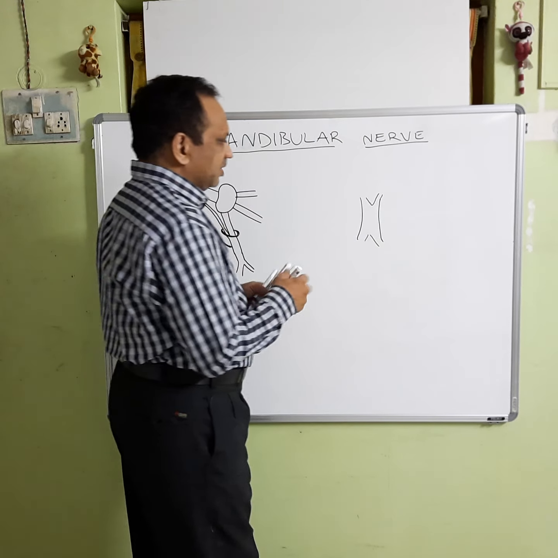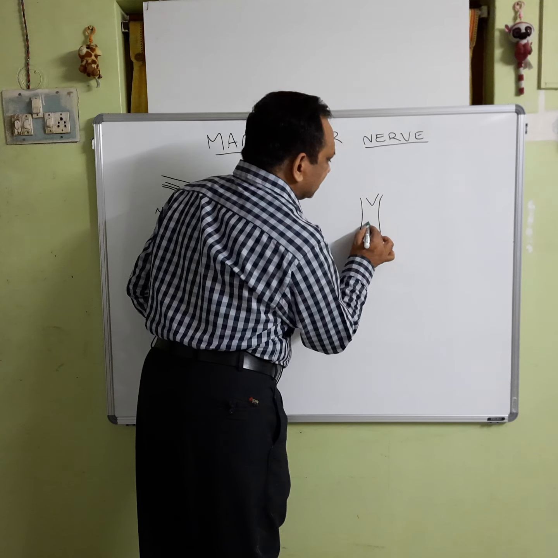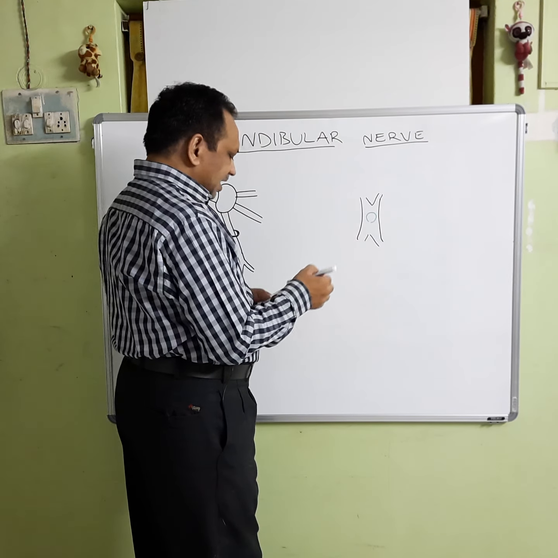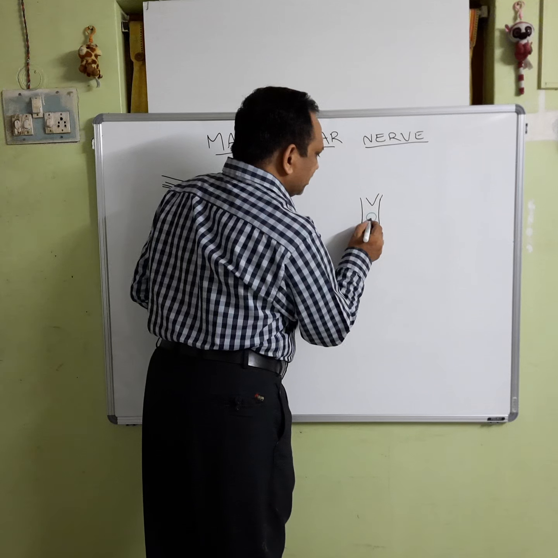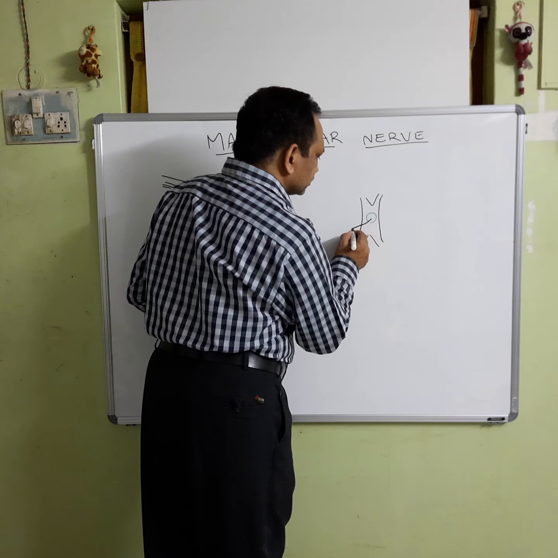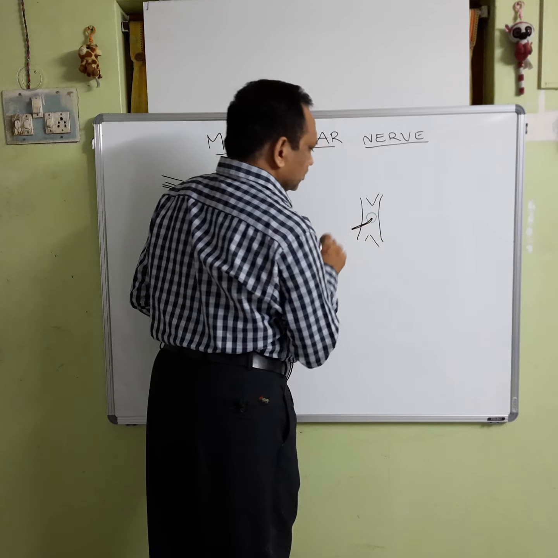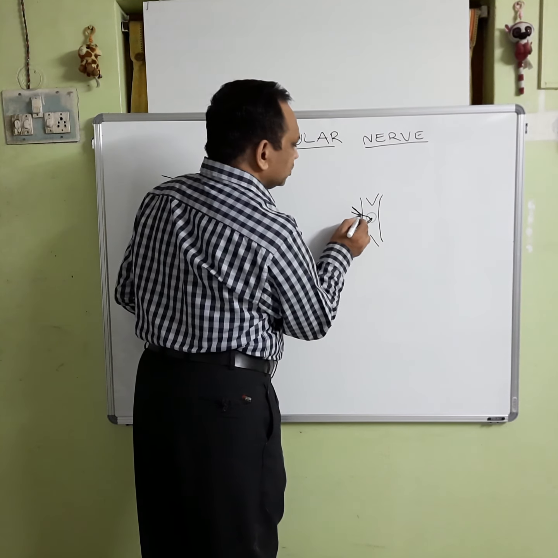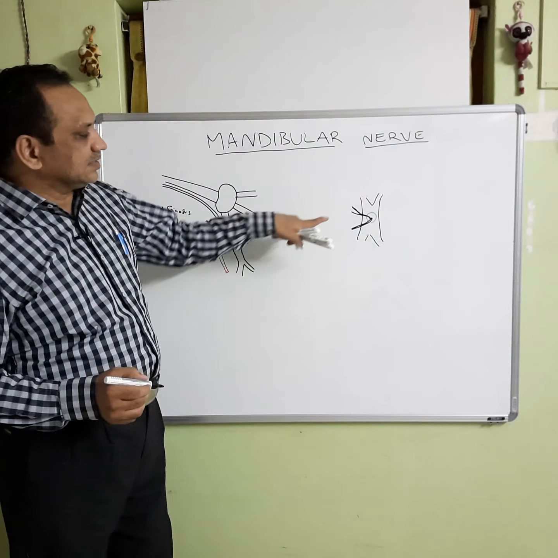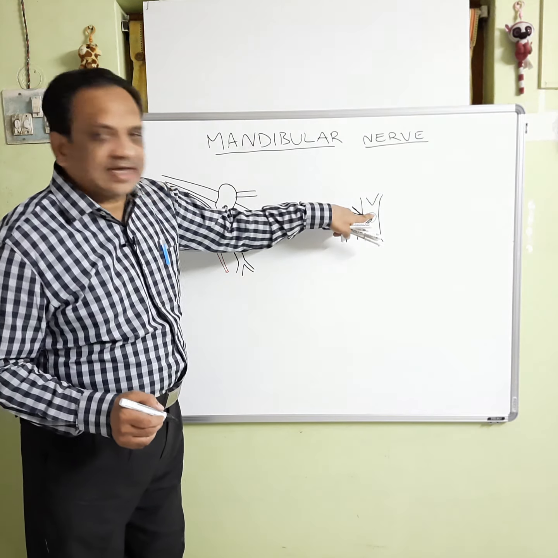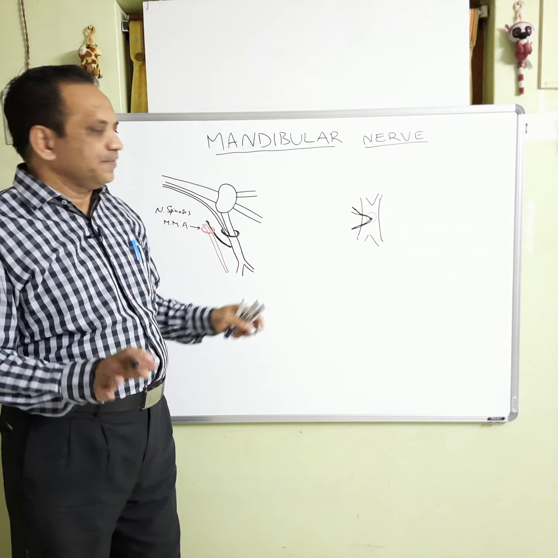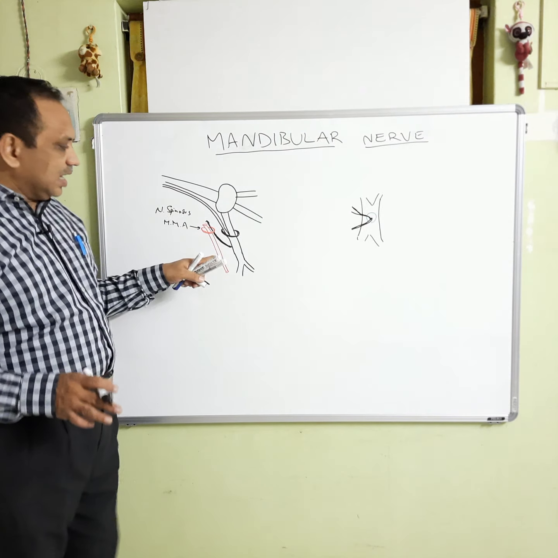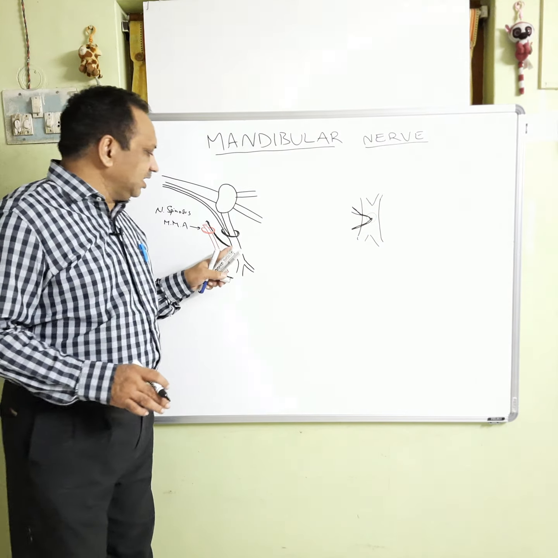Here on the medial aspect we have a peripheral parasympathetic ganglion at the origin of the nerve to the medial pterygoid. So this is the nerve to the medial pterygoid muscle, and it also gives a few filaments to the tensor veli palatini and tensor tympani, which pass through the ganglion without any relay. So this we will discuss a little bit after. So now there are two branches from the trunk.